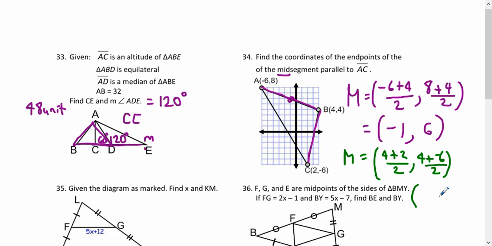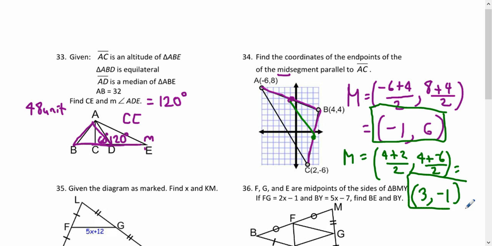So 4 plus 2 is 6, divided by 2 is 3, and 4 plus -6 is -2 over 2 is -1. So 3, -1 is the second midpoint. So my answer will be -1, 6 and 3, -1. Those are the endpoints of my midsegment.